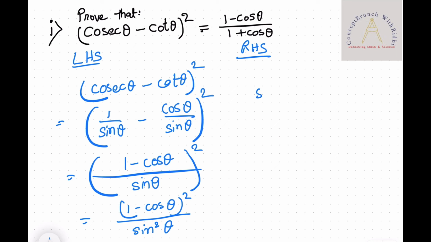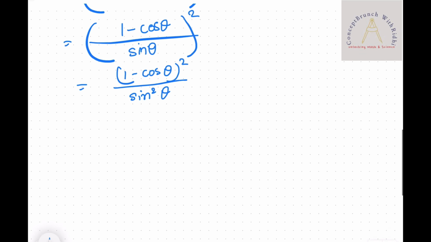We know the identity sine square theta plus cos square theta is equal to 1, right? So instead of sine square theta we can write 1 minus cos square theta. I'm replacing the value over here. So (1 minus cos theta) whole square, and instead of sine square theta we write 1 minus cos square theta.